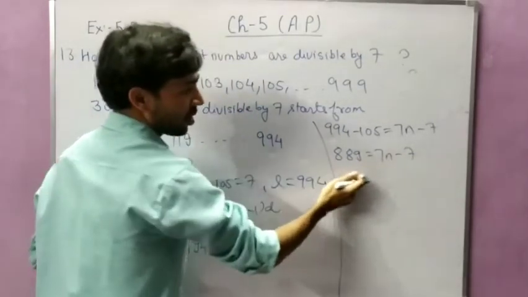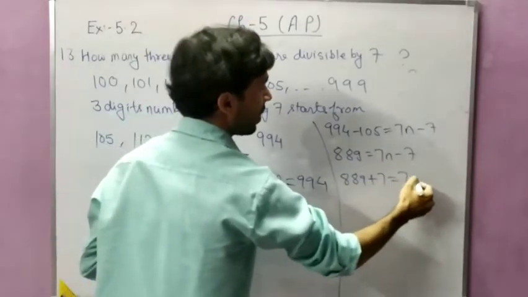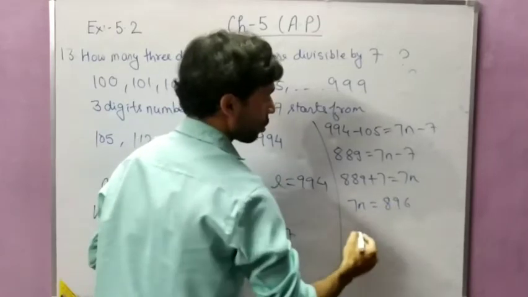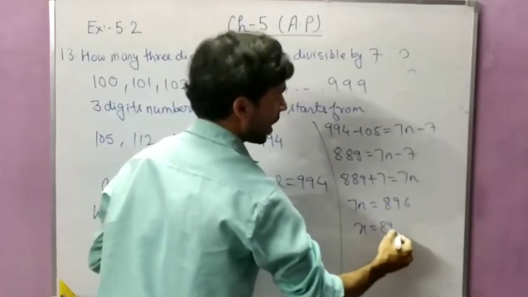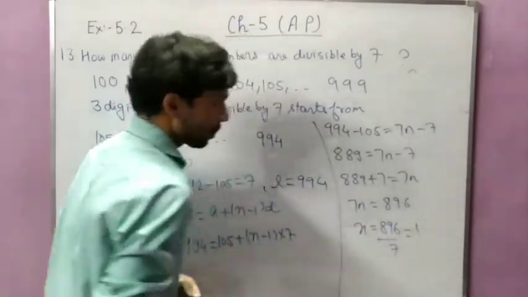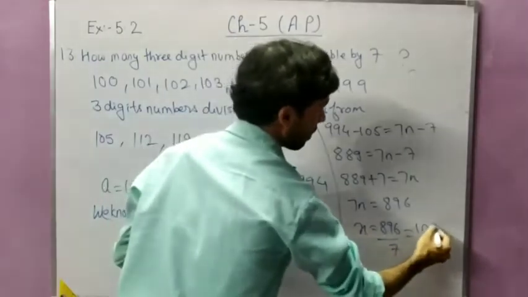Now transfer this to this side. So 889 plus 7 is equal to 7n, that is 896 equals 7n. So n will be equal to 896 upon 7. Now 7 1 is 7, 1, 7 2 is 14, 5 and 7 8 is 56.